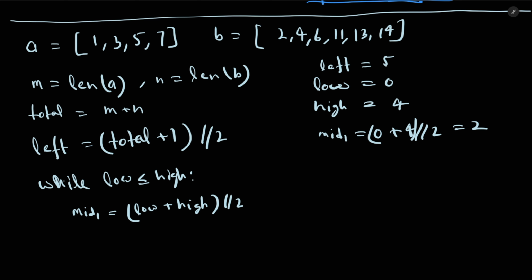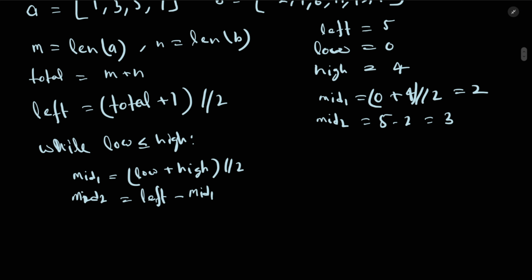So I have 5 in total on the left side, and I have taken mid 1 from array A. The elements I need from array B will be mid 2, which is left minus the elements I have taken, mid 1. So mid 2 is 5 minus 2, so I need 3 elements from array B. So 2 elements from array A and 3 elements from array B. This will be my left array.